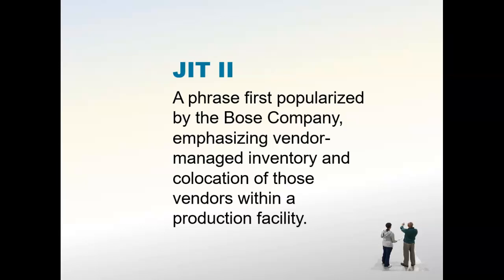So just-in-time 2 usually implies implementation of a broader arrangement known as vendor managed inventory, or VMI. So for the purposes of definition, just-in-time 2 is a phrase first popularized by the Bose company, emphasizing vendor managed inventory and co-location of those vendors within a production facility.